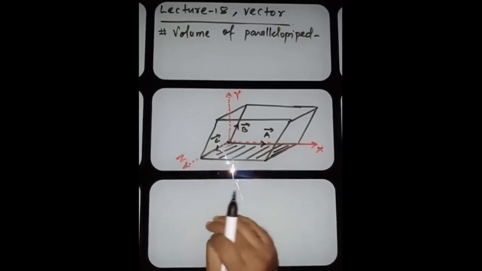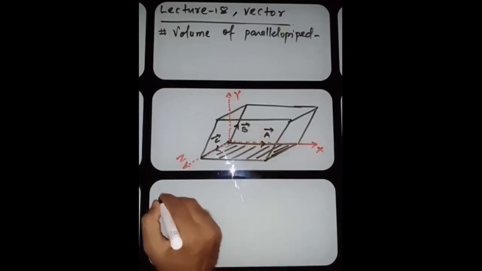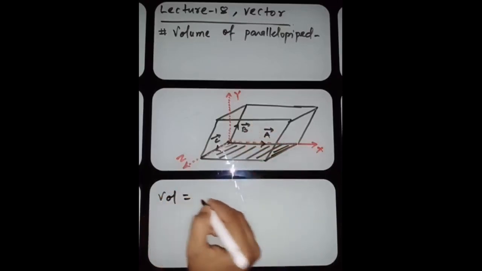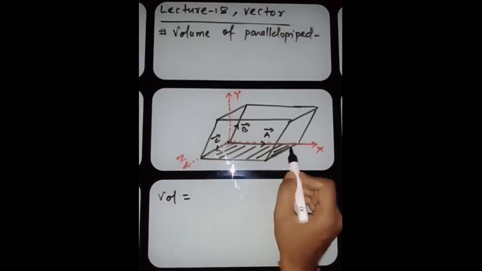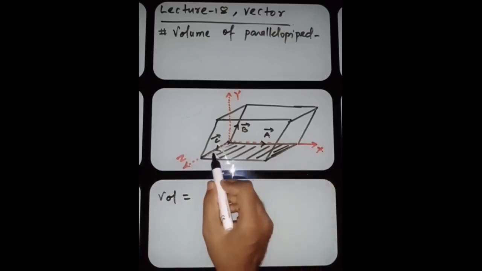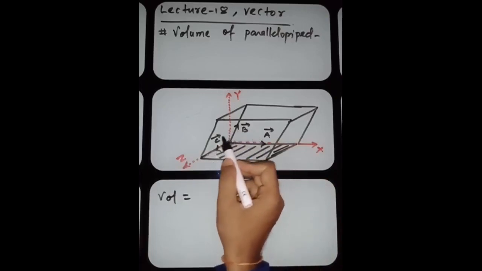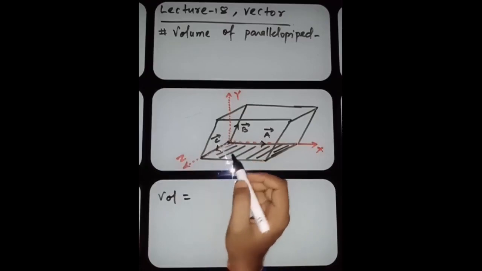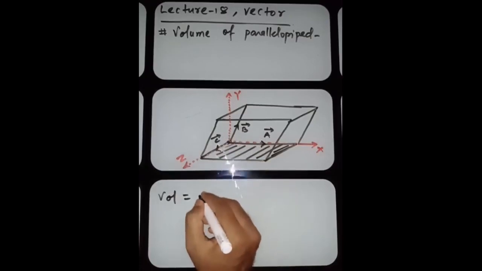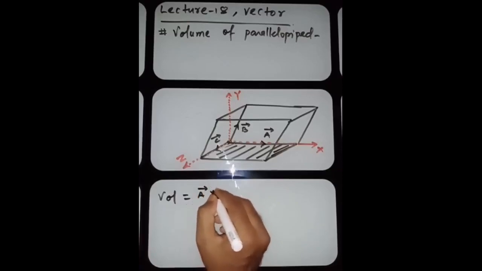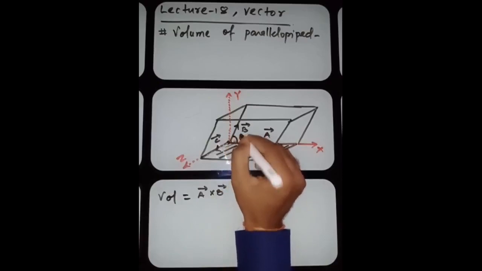Okay, my dear students, now look here. The volume we will obtain by the cross product of any two sides, either C cross B, A cross B, or B cross C. Any two vectors, any two sides, do the cross product. So A cross B, and suppose here the angle is theta.